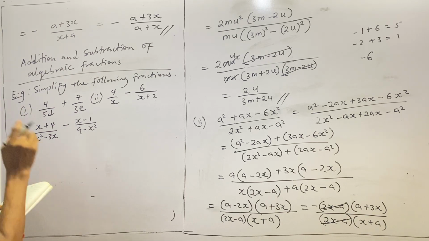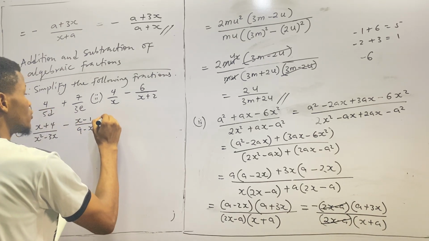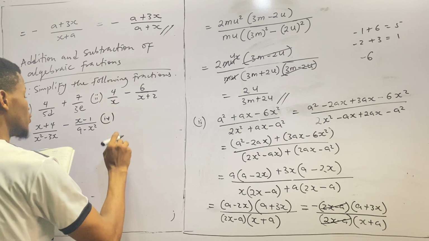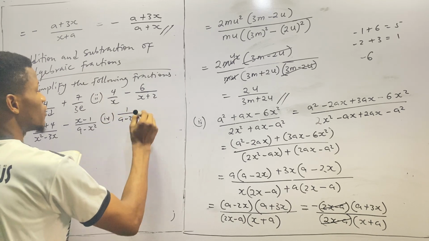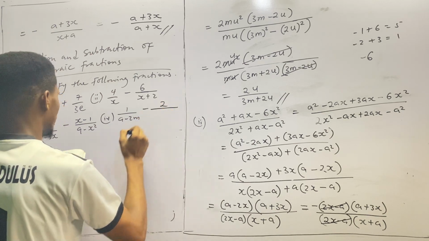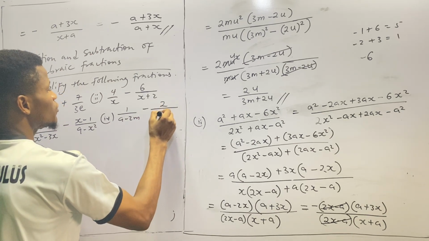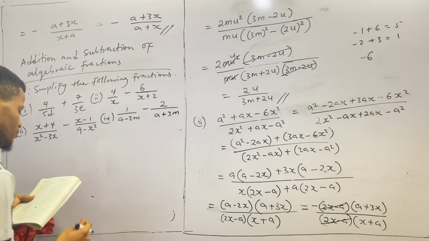Okay, so IV: 1 over a minus 2m minus 2 over a plus 3m.